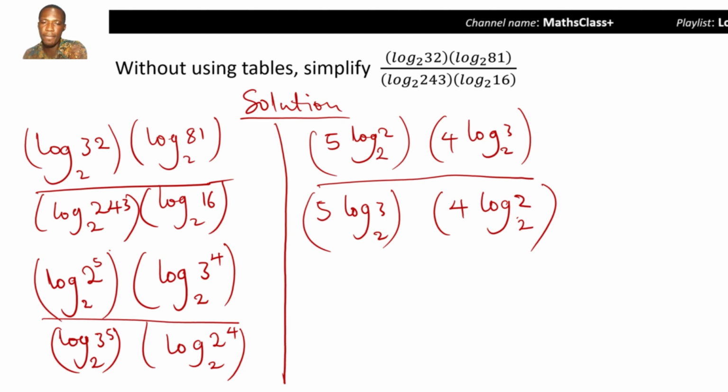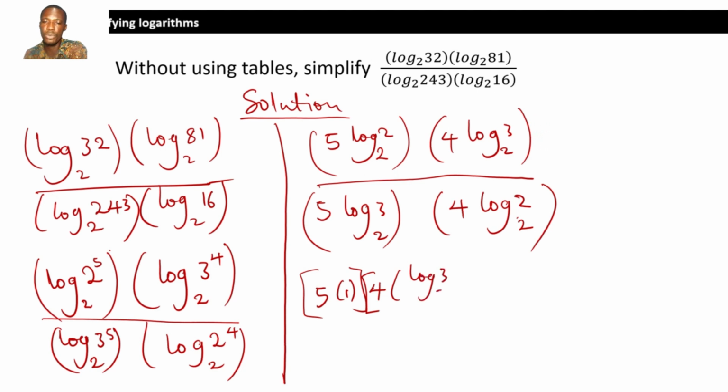So here we will have 5 multiplying 1, then multiplying 4, which is also multiplying log 3 base 2.